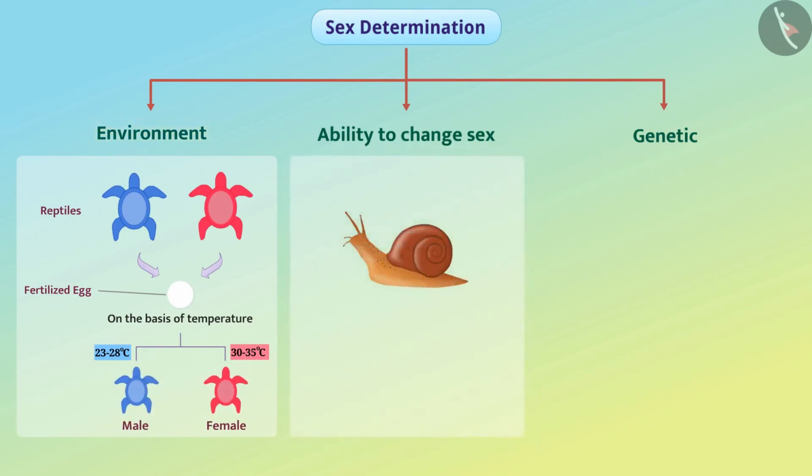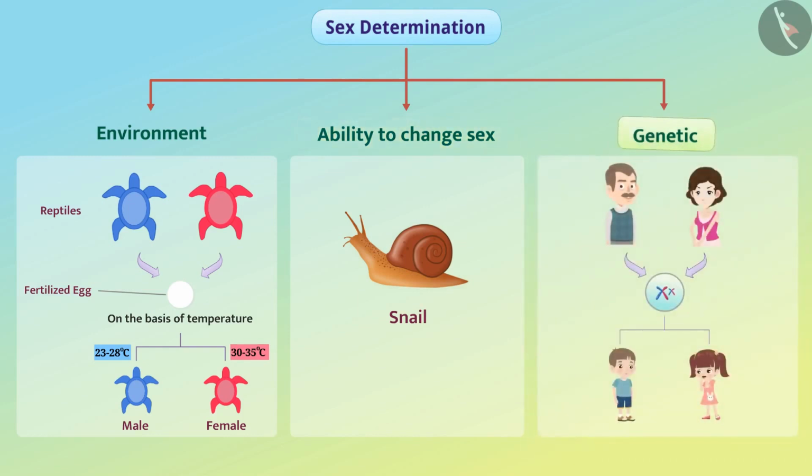Some animals, such as snails, may change their sex. That means the sex determination in snails is not genetic. Sex determination in humans is genetically determined. Let's understand the sex determination in humans.